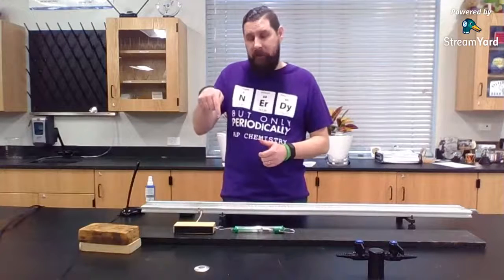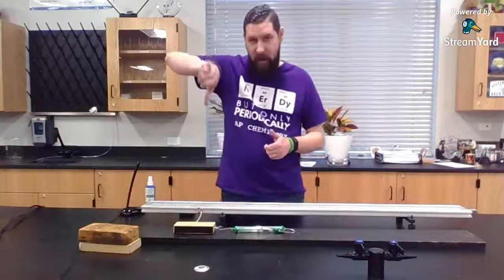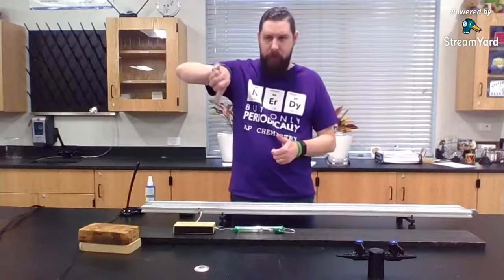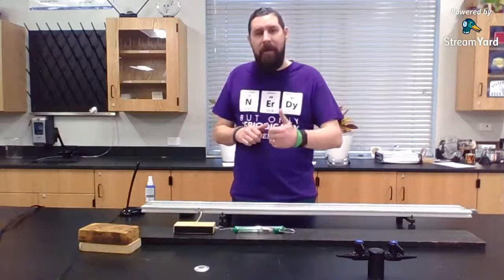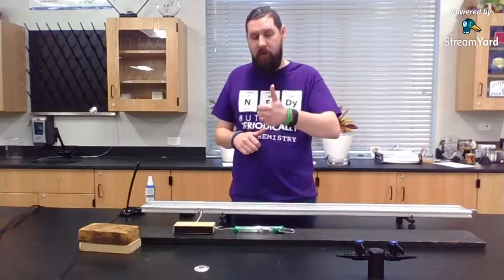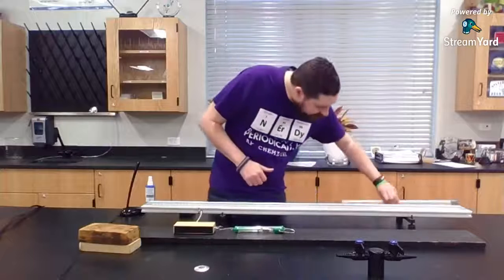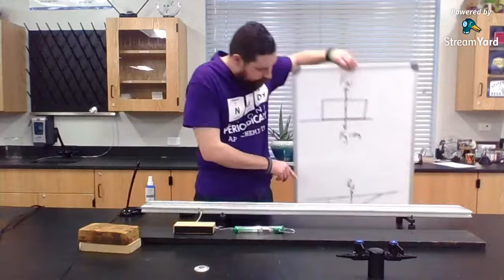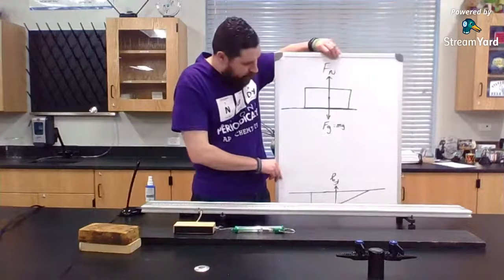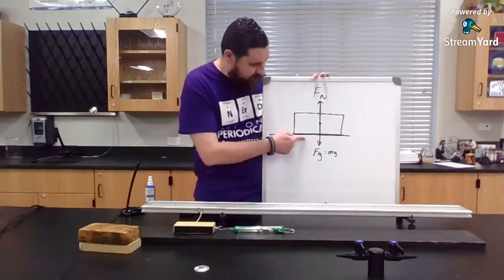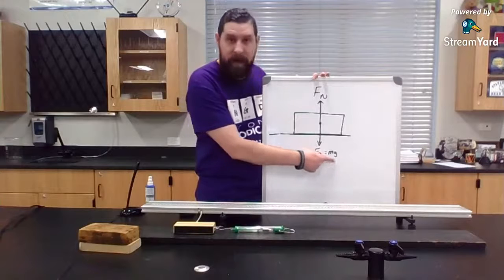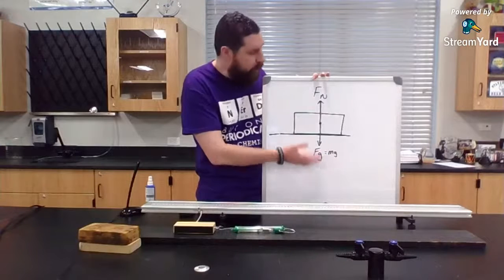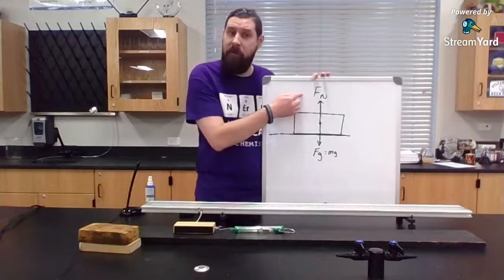In the y-axis, I have the weight of that object acting downwards due to gravity. And as we talked about in the force normal video, that means I have an equal but opposite force normal upwards. So if we look at this scenario, I've got my surface, I've got force of gravity acting downwards, which equals mass times gravity, or the weight of the block, and I've got an equal but opposite force normal.